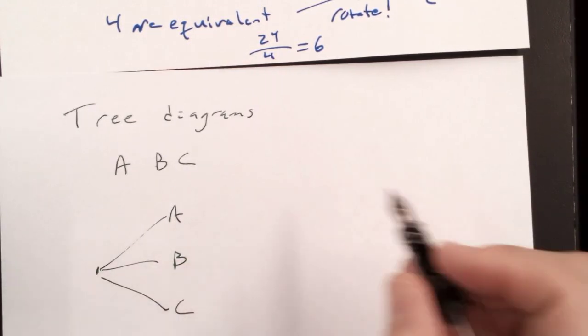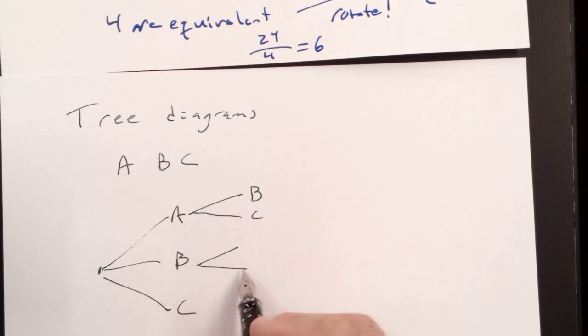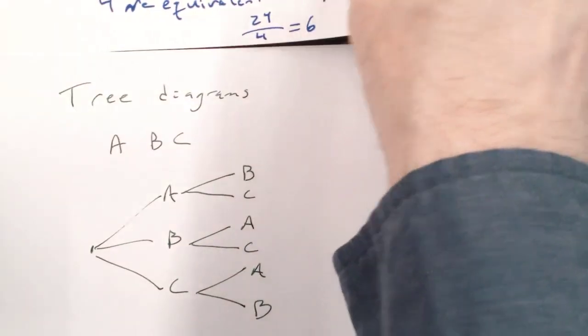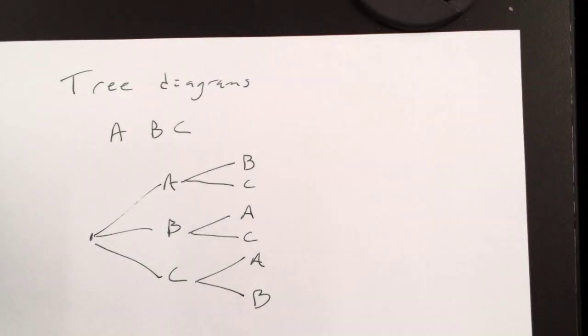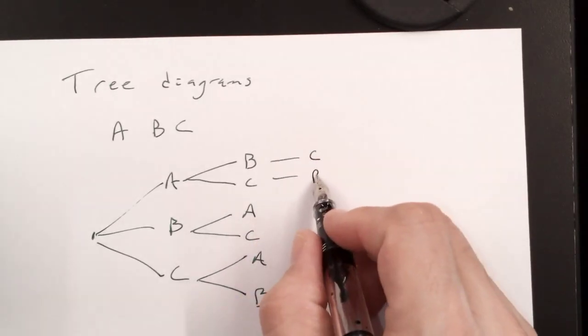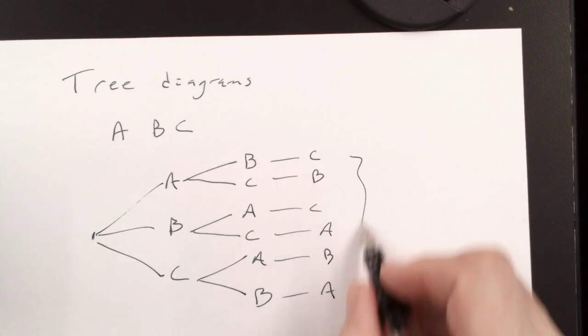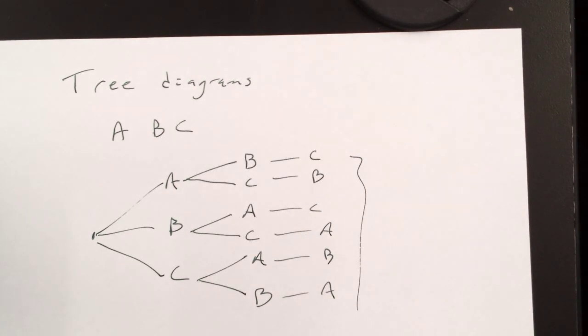I'm not going to do 3 times 3 times 3. I'm going to change my number of choices at each step. And there are my 6 total options.